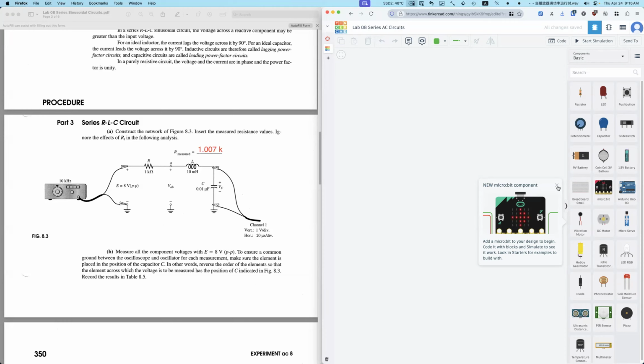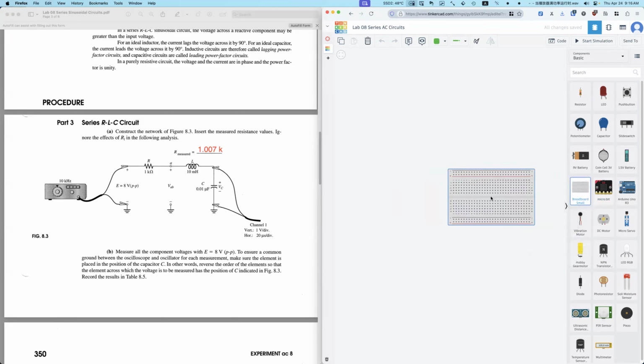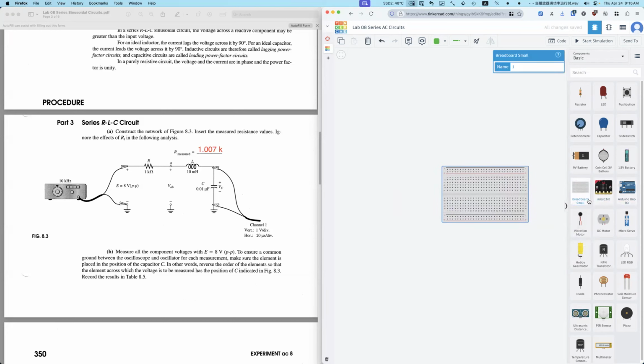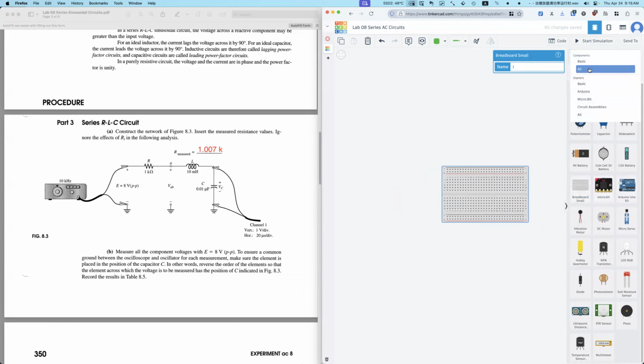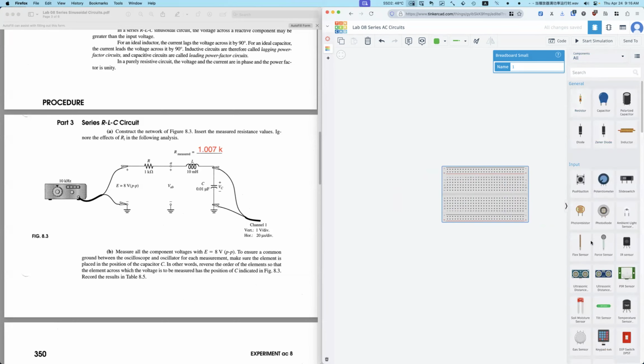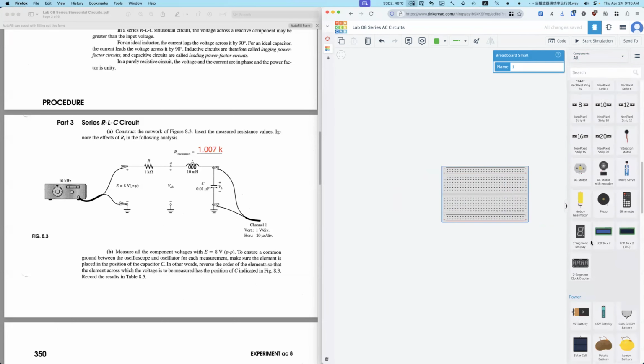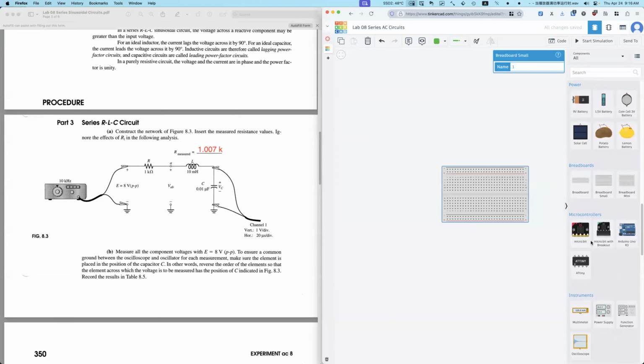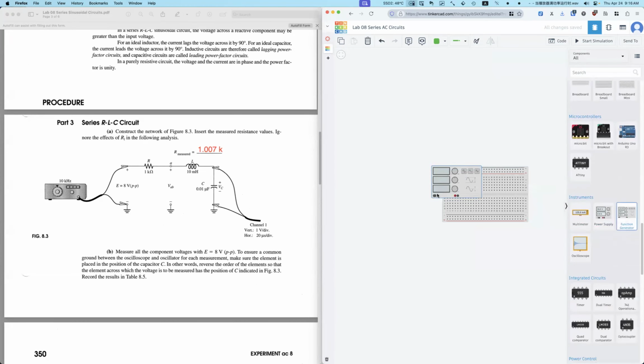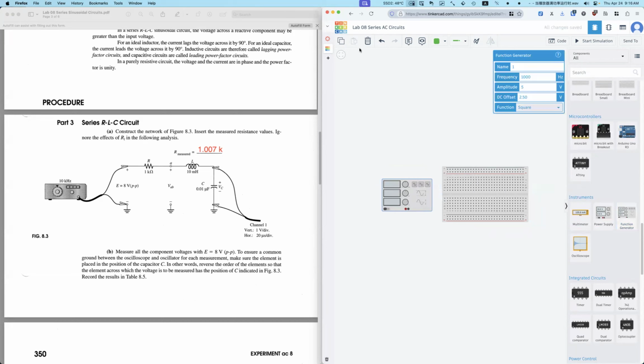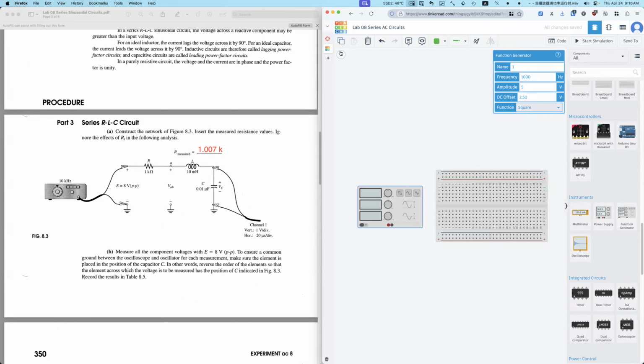Close this. We need just the small breadboard, and we need the power, the function generator. Okay, so I can zoom in now. This one is the 10 kilohertz, so I just need 10 here.